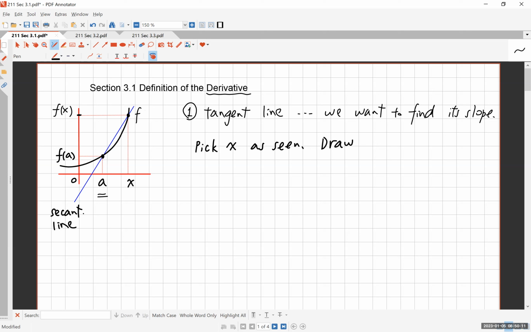And that's exactly what you see here in blue. Pick x as shown, and draw the secant line. Now the secant line goes through a and x, right? Now the M secant line, this is the slope.